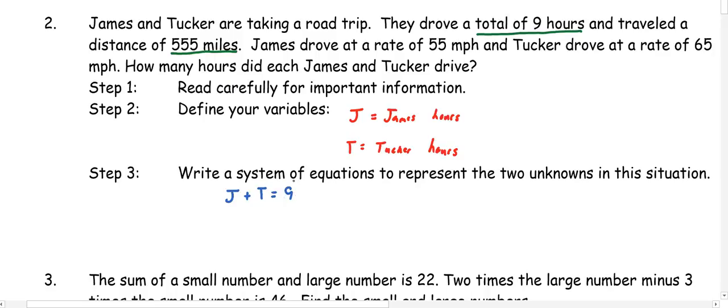Now in the last equation, to get that second, bigger number, we couldn't just add the two variables together, we had to add coefficients. Before we used how much money they made, this time we're going to use how fast they were driving, multiplied by the hours. So James was driving 55 miles an hour, so we have 55J, plus Tucker was driving 65 miles an hour, so 65T.